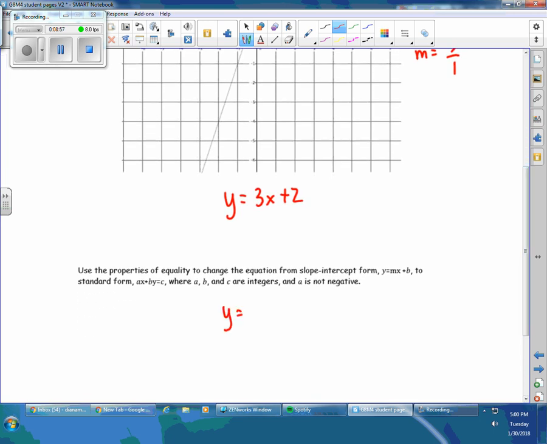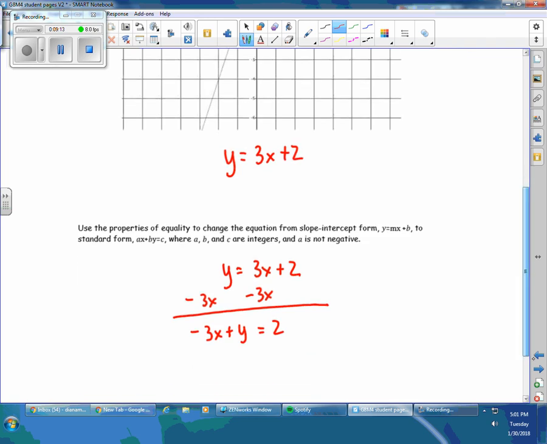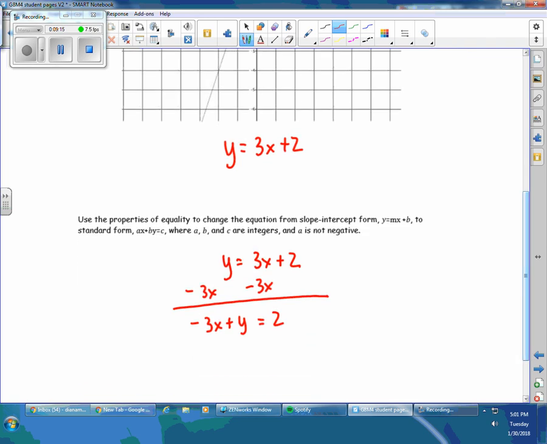y equals 3x plus 2. If I want the x on the other side, I'm going to subtract 3x from both sides of the equation. So -3x plus y equals 2. But they say a is not negative. Well, oops, my a is negative.